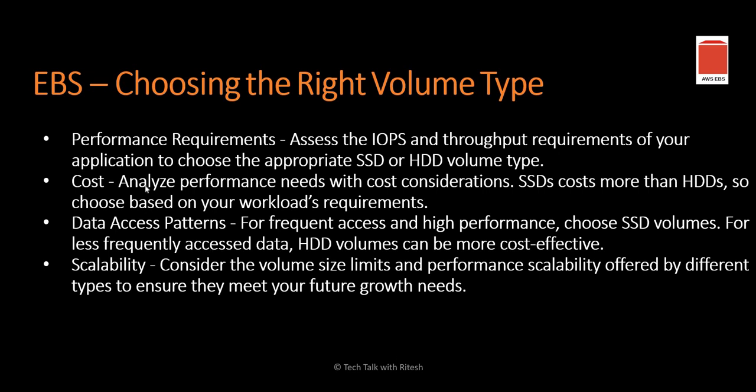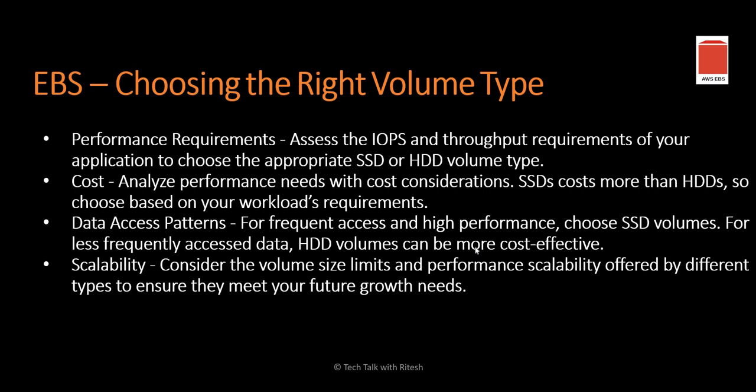Cost is another parameter, of course. Analyze performance needs with cost consideration. SSDs cost more than HDDs, so choose based on your workload requirements. If you don't even need SSD, why would you invest in SSD? Those are not cheaper, right? Then data access patterns. For frequent access and high performance, choose SSD volumes.